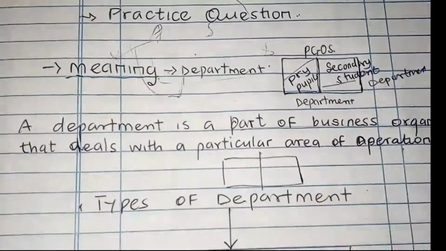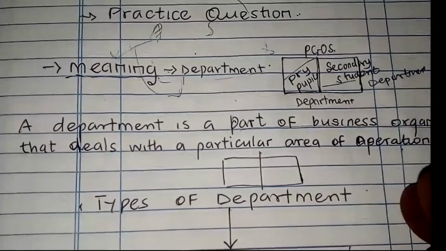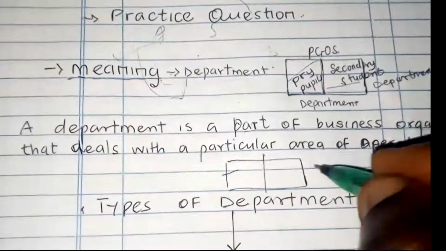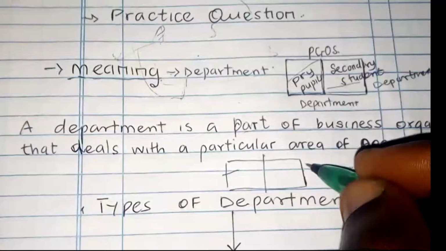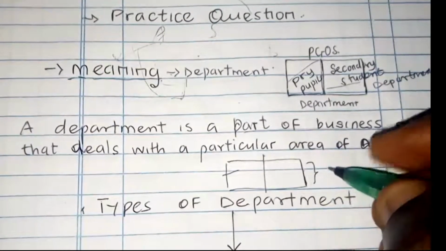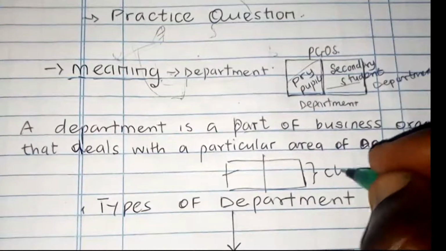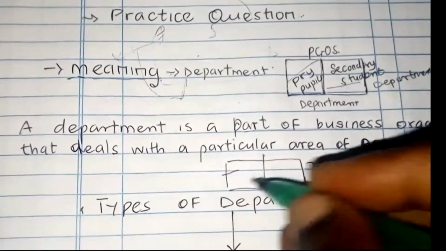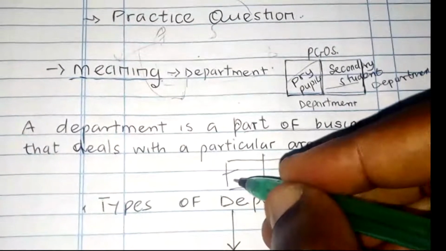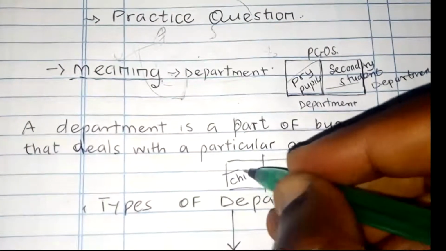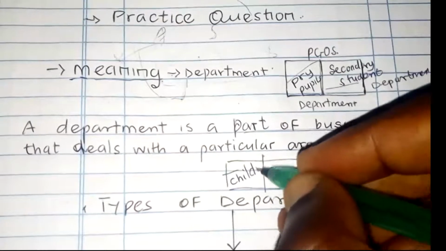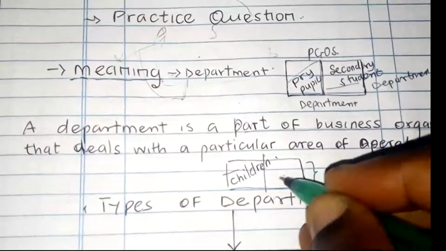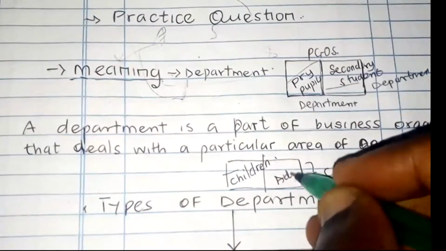Now, what are the types of departments? Number one, we have independent departments, and number two, dependent departments. So these are the two types of departments. Now the question is, what is an independent department? That is a department that stands on its own.